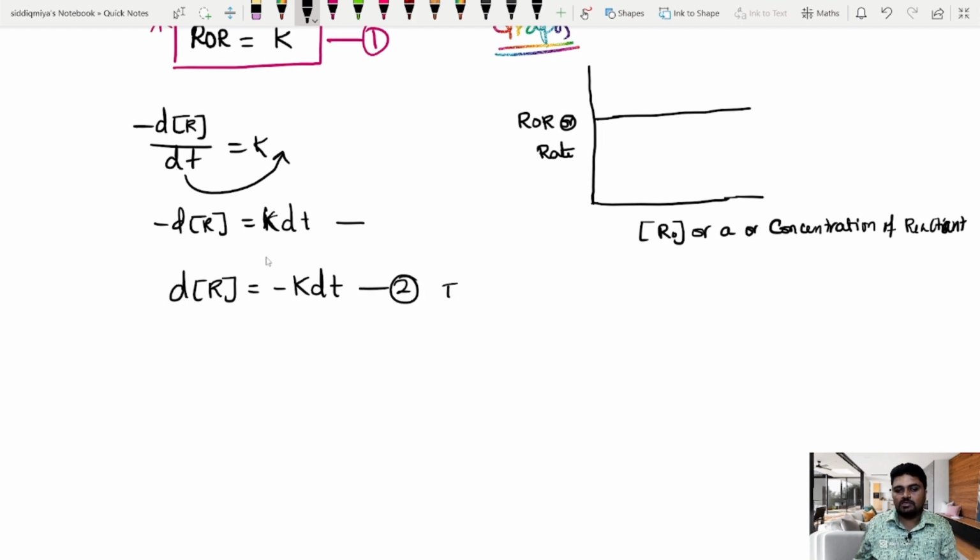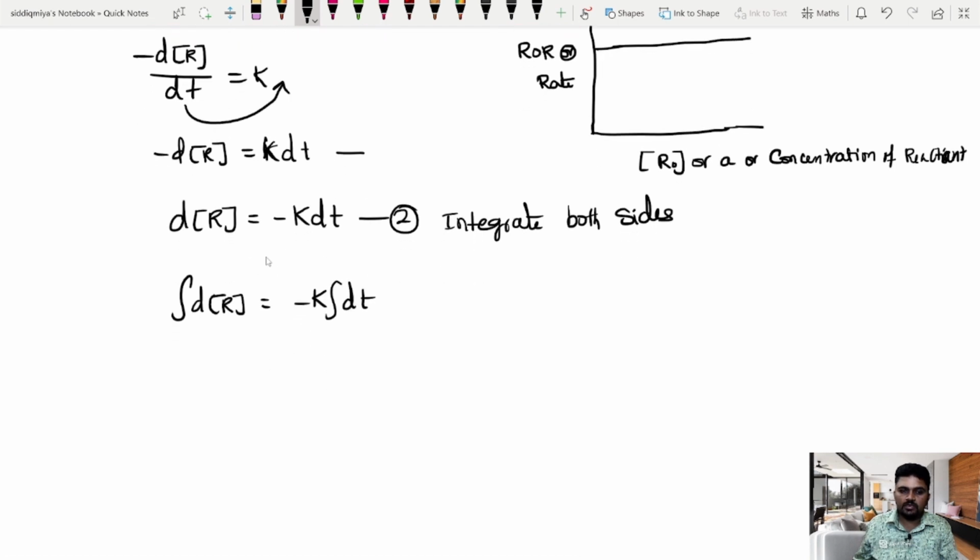For the second equation, integrate both sides. Integration of dR is equal to minus K into integration of dt. So R is equal to minus Kt plus I. This is equation 3.